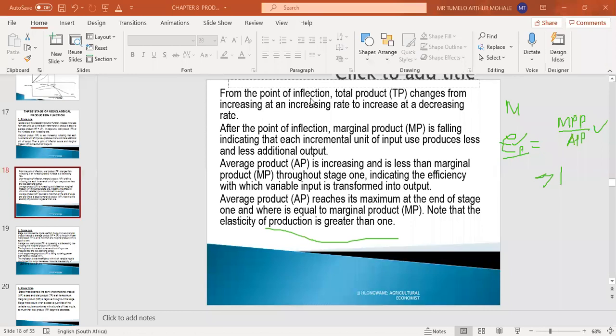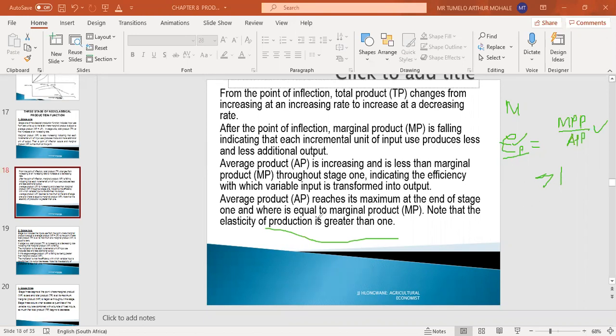Remember, after calculating, you are supposed to interpret your result. So when you interpret the elasticity, you will be telling us whether it is stage 1 of neoclassical production, stage 2, or stage 3.